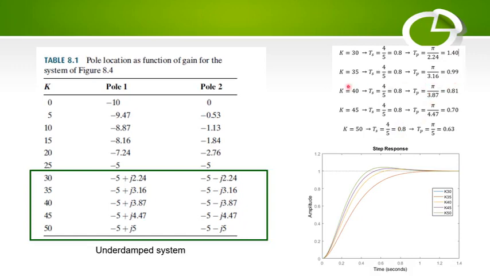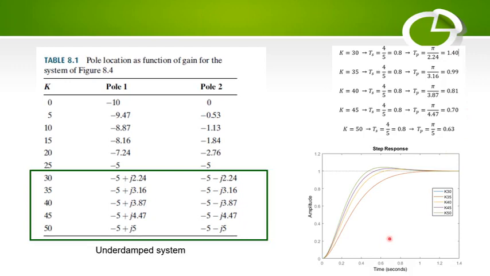For example, for K equal to 35, your peak time is pi over 3.16, which is the imaginary value of the closed loop poles when K equals 35. As you increase the value of K, you will get a bigger imaginary part, thus a smaller peak time.